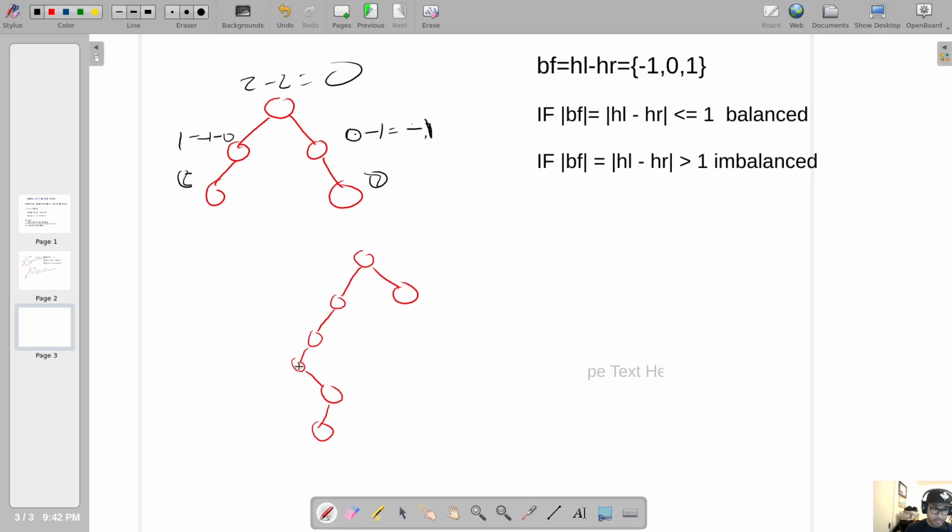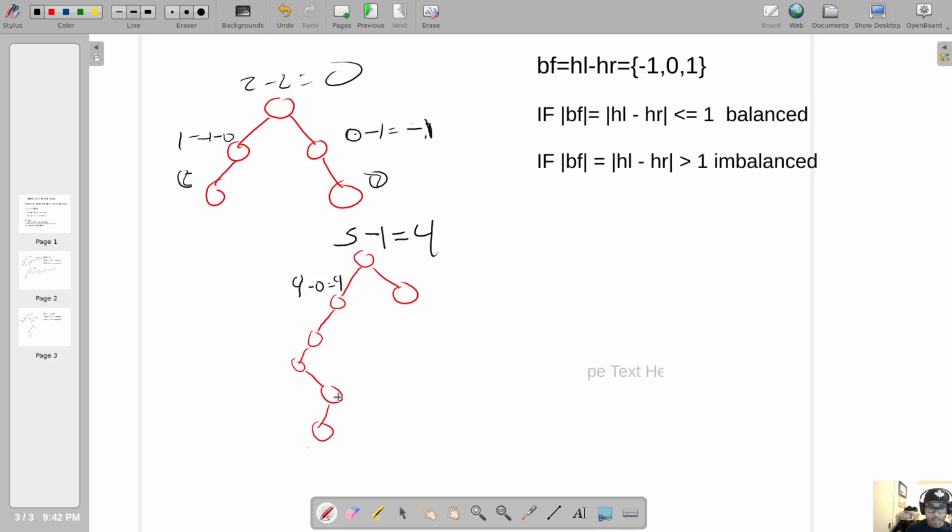And this one here, 1. So this one's 4. This tree is imbalanced. So let's do this one here. 1, 2, 3, 4. 4 take away 0. This one here is 4.